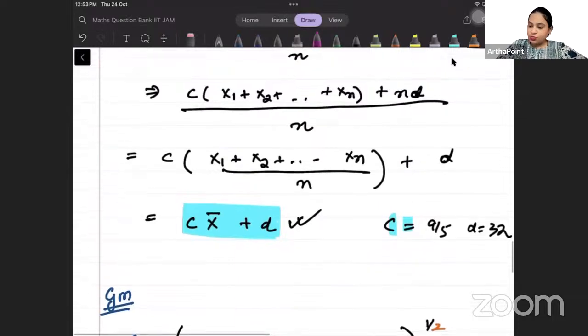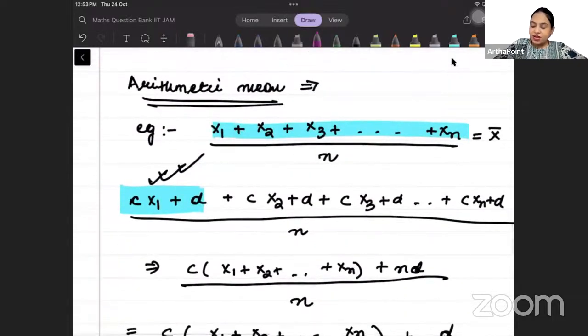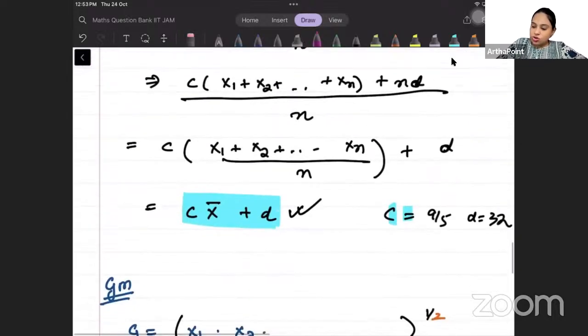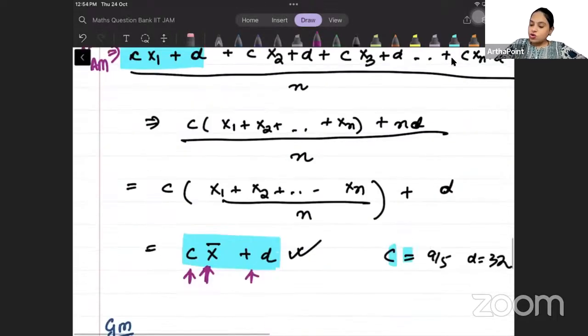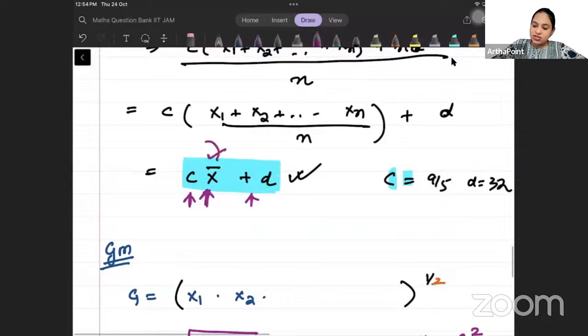Here, what is happening is that the new AM is also the old AM multiplied and added, right? So each observation was scaled by C and D was added. Here also each observation is scaled by C and D is added.